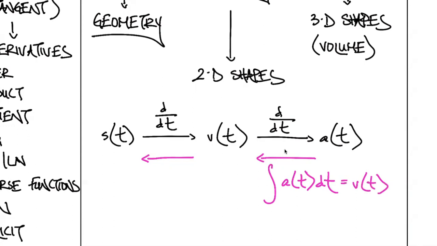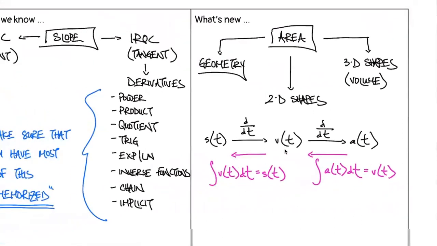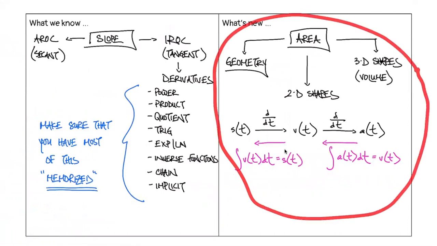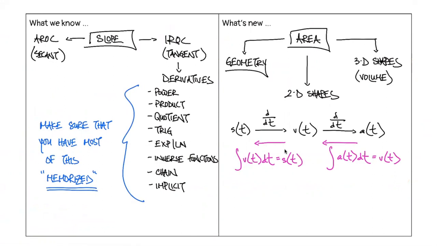And similarly, if I have V of t and I squiggly the V of t dt, I will get S of t, or the position, okay? Now, obviously, squiggly is not the formal name for this. This is simply what I call it right now when I happen to be writing it. But this whole chunk right here is what we are looking to cover in the next 3 weeks of our summer session, okay?